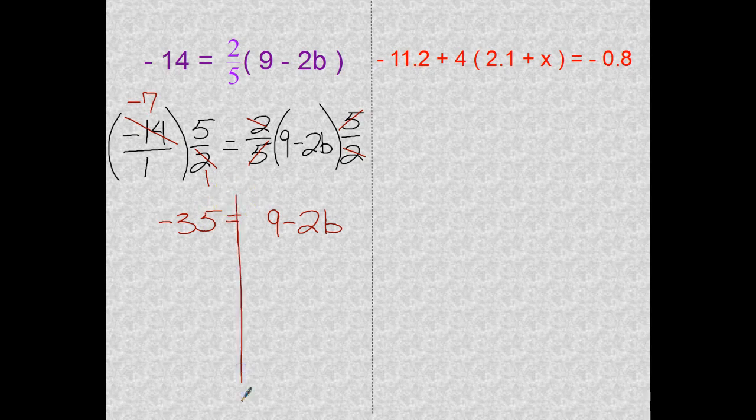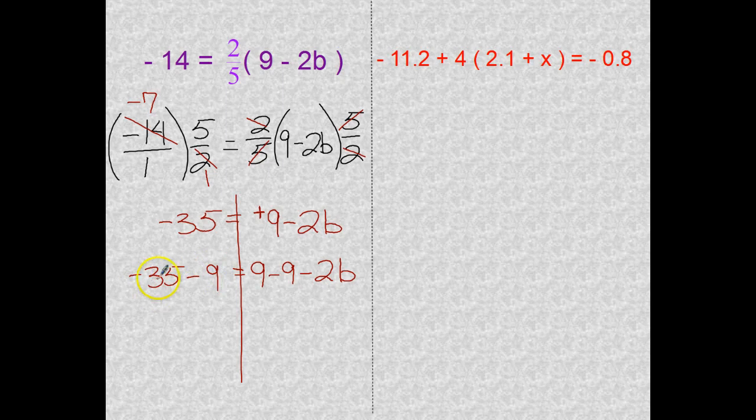Here's your wall. We have to get rid of this 9 on the right, so we have to subtract 9. We have to remember that this is a positive 9, so we look at the sign in front. So subtracting 9 would look like this. And subtract 9.